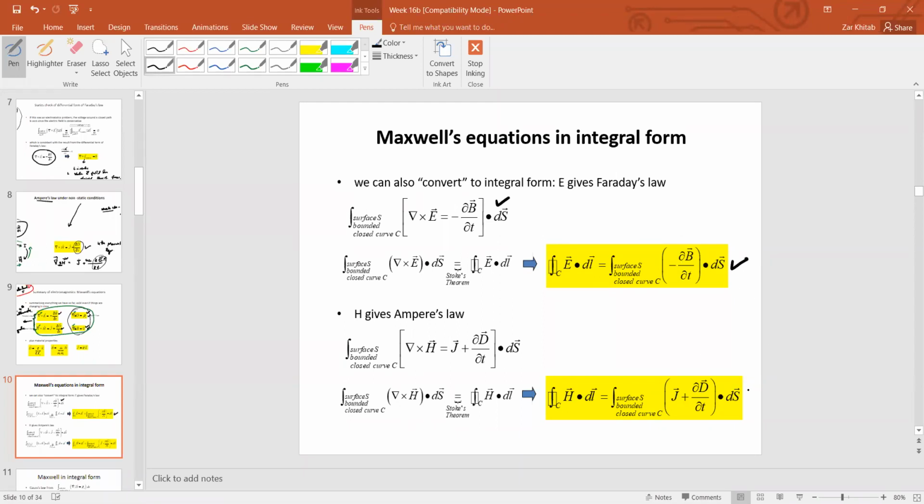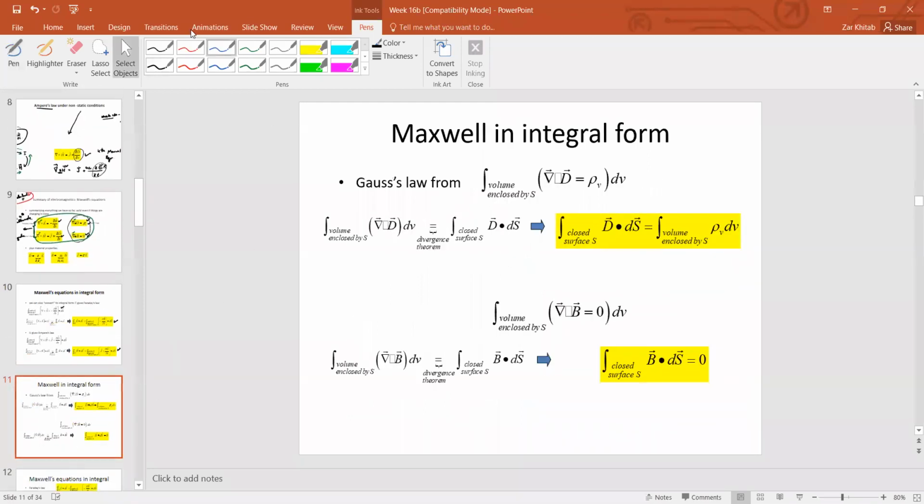Similarly, you'll get the fourth Maxwell equation in the integral form. You can do some mathematics if you want to change the Maxwell equations from the differential form to the integral form. Sometimes the integral form may be more useful for you. So these are the four Maxwell equations in the integral form.